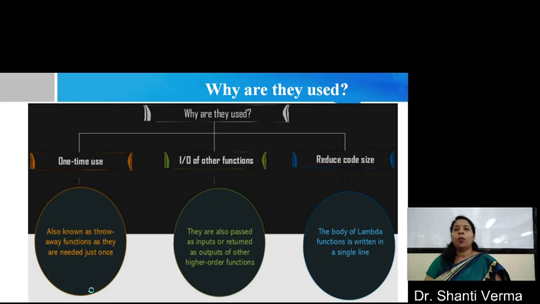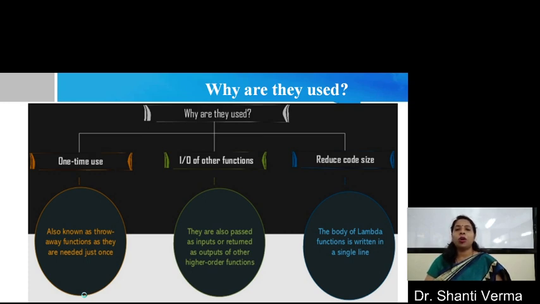Now, why are they used? Basically, lambda functions are used for one-time use, as input or output of other functions, or to reduce the code size of your Python program. One-time use means you can throw away functions as they are needed, and you use them just once.